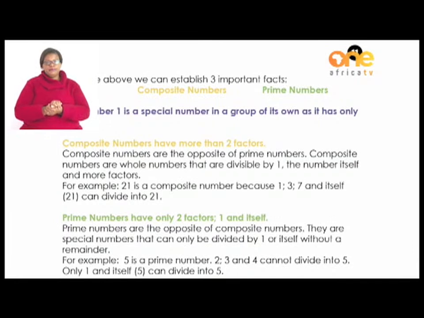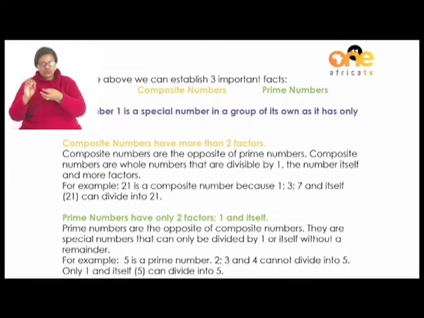Now let's look at composite numbers. It says composite numbers have more than two factors. Composite numbers are the opposite of prime numbers. Composite numbers are whole numbers that are divisible by 1, the number itself, and more factors.